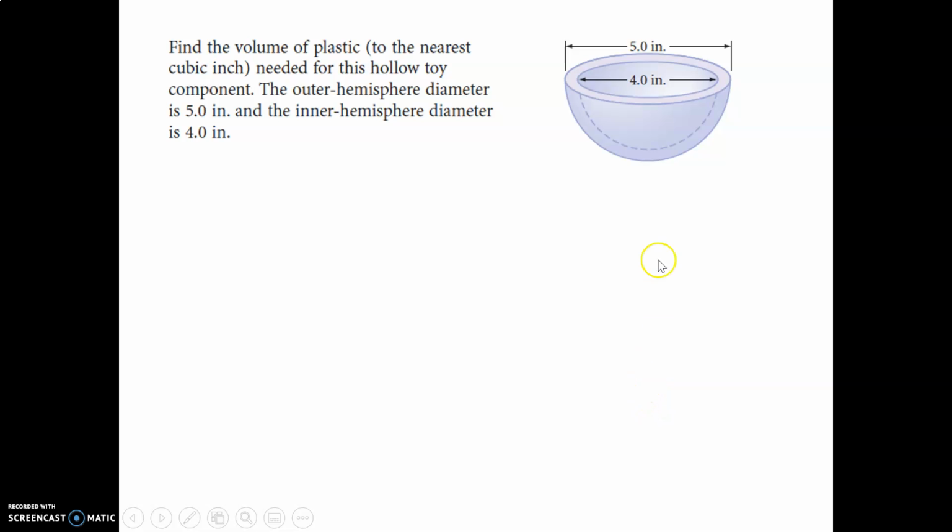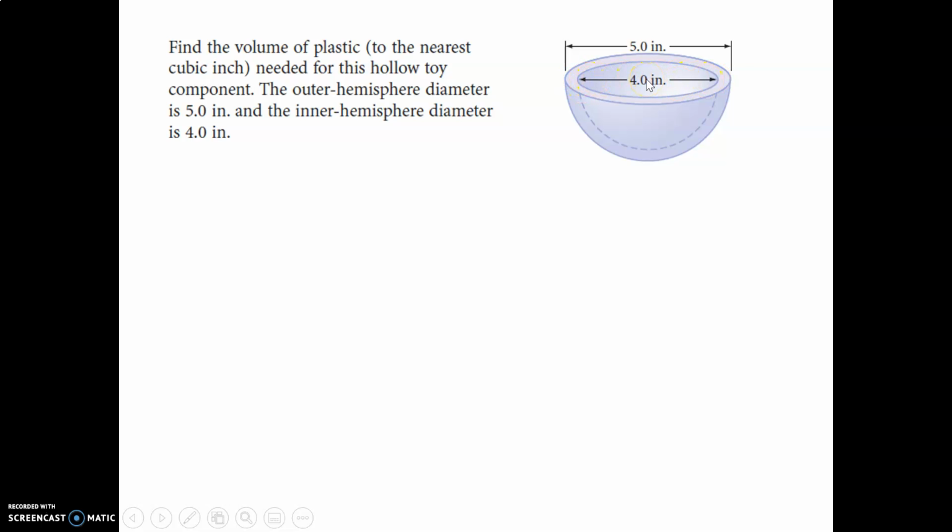And this one is a hollow sphere. Find the volume of plastic to the nearest cubic inch needed for this hollow toy component. The outer hemisphere has a diameter of 5, so you can see that from here all the way over here is 5. And the inner hemisphere has a diameter of 4, from here to here.